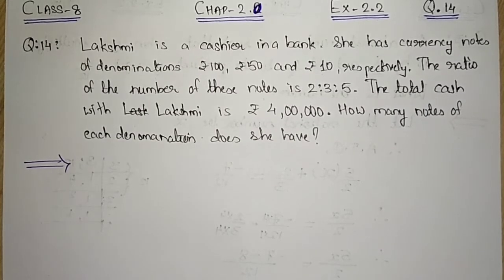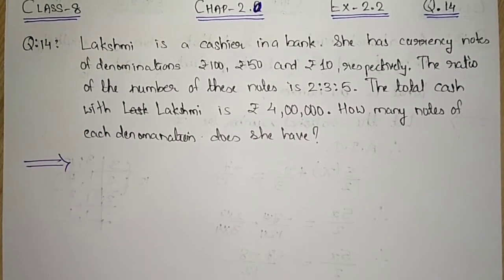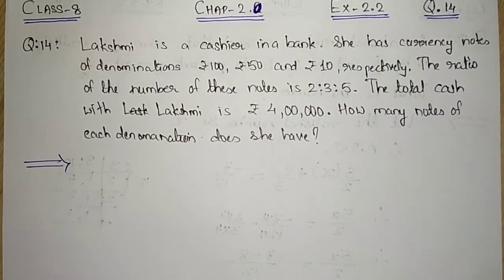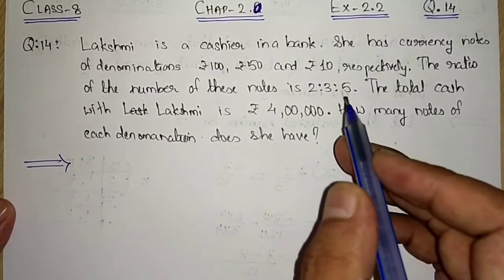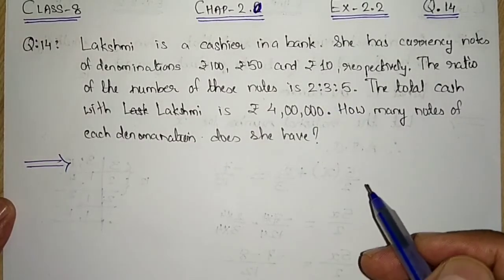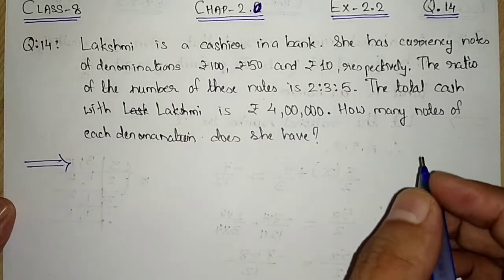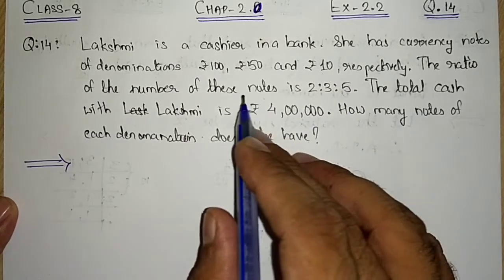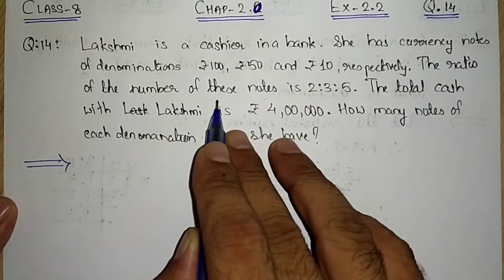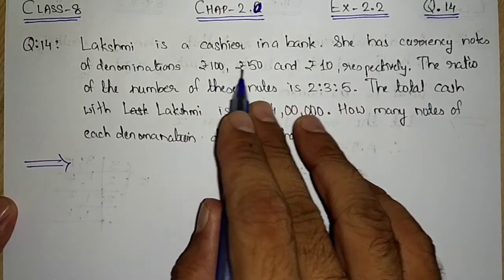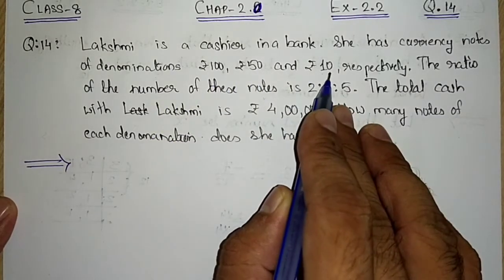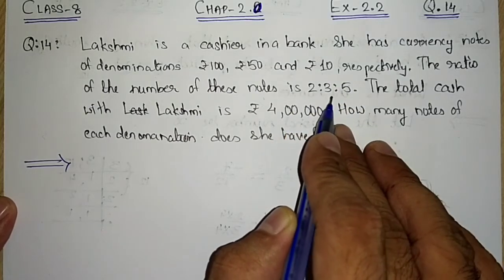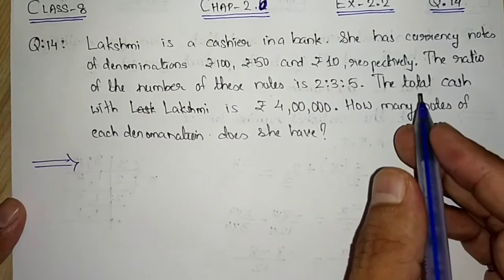So students, this type of question we have solved before also. Whenever they have given us a ratio, we used to take it in terms of x. So let me take the number of rupees 100, rupees 50 and rupees 10 notes as 2x, 3x and 5x respectively.